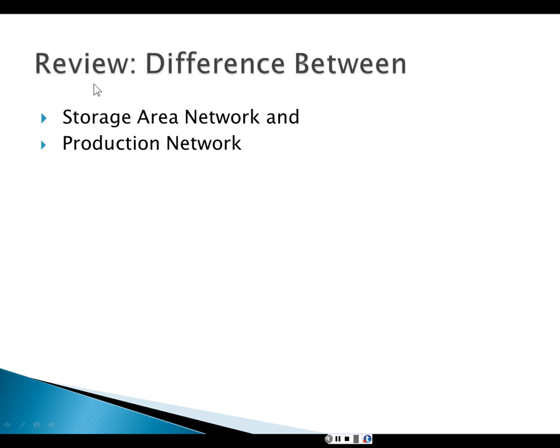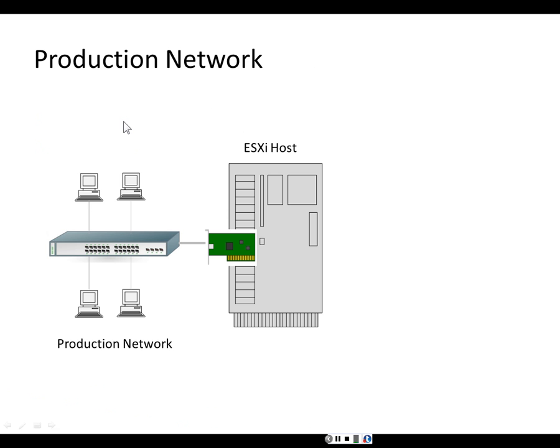But first, let's do a little bit of a review to make sure we are clear on the difference between a production network and a storage area network. The production network is where the user's workstations connect to a switch which connects to the ESXi host. The purpose of the production network is to carry user traffic from users to virtual machines which are running on the ESXi host.